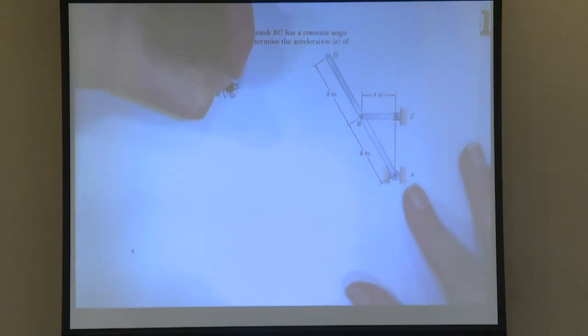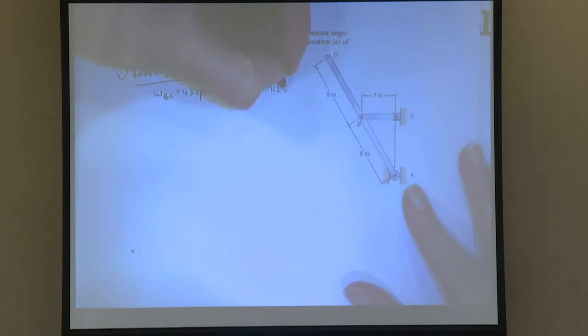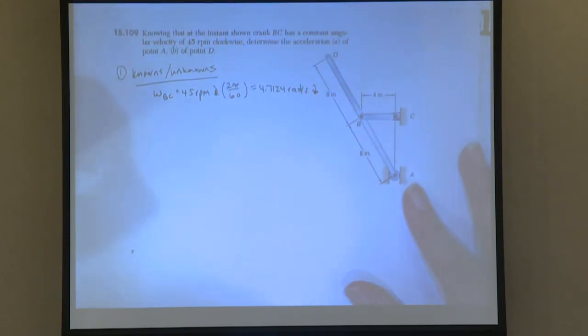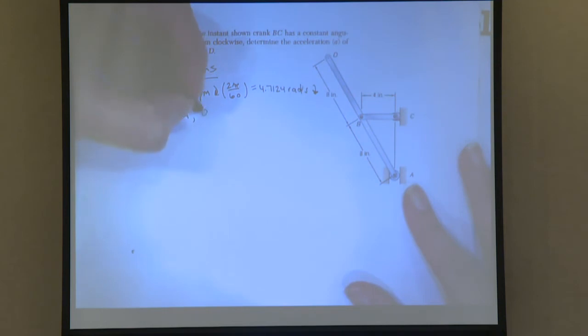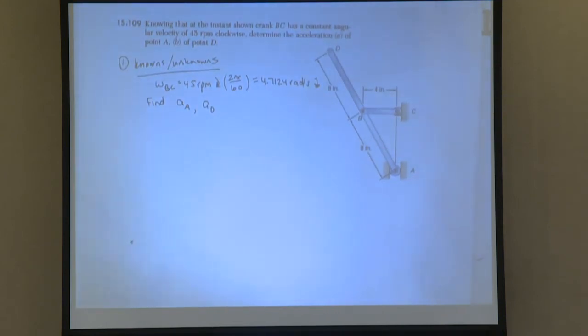Good. 2 pi over 60. So that gives us 4.7124 radians per second. And we're told to find acceleration of A and acceleration of D. Where should I begin?